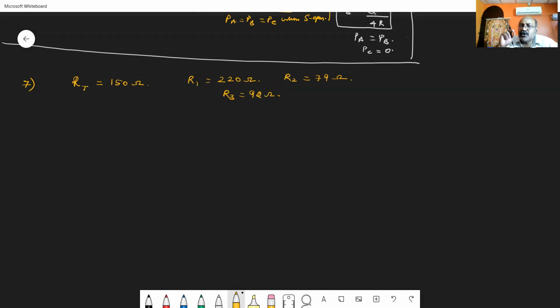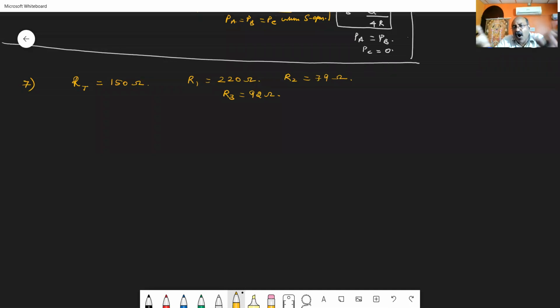See, we know there are two ways by which resistances can be connected. When resistances are combined in series, the total resistance will increase. We have to use all three resistances so that I get 150. When I connect them in series, the total resistance will be more than 150, so it is not possible to connect them in series.